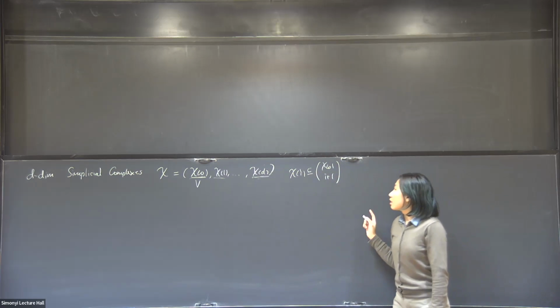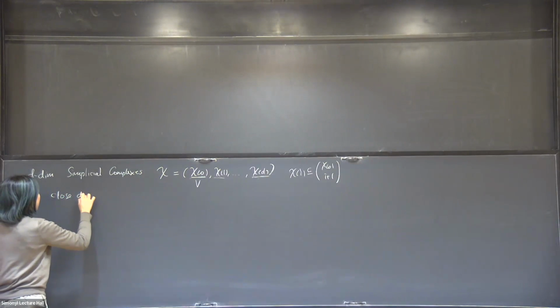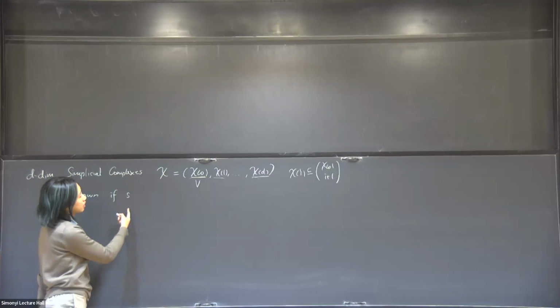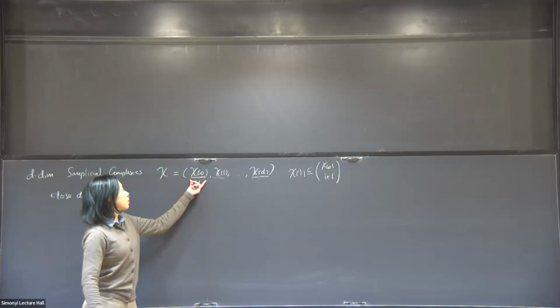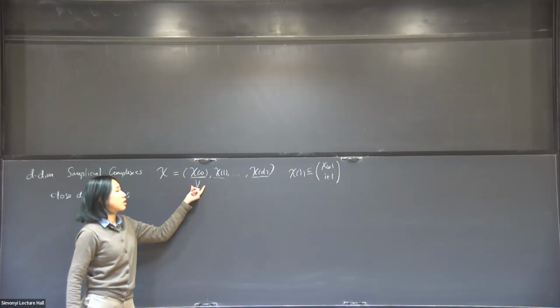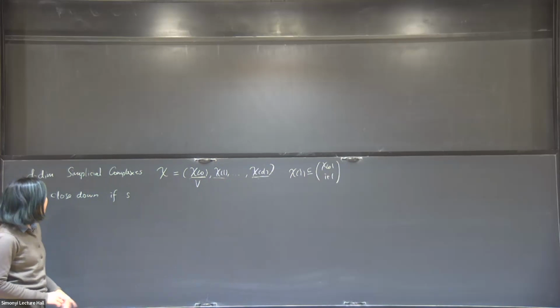Okay, and also simplicial complexes have the property of being closed downward. More conventionally, we don't call them hyperedges, we call them faces. So these will be zero faces, which are vertices, one faces are edges, two faces are triangles, and so forth.